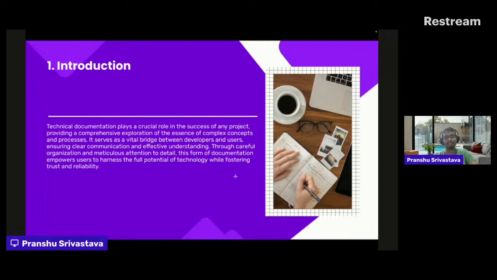So for that, people create technical documentation so that others can understand the various aspects of the project and the jargon being used in the project. And even if someone does not want to contribute and just wants to troubleshoot their problems, they can also refer to the technical documentation of the project and help themselves.